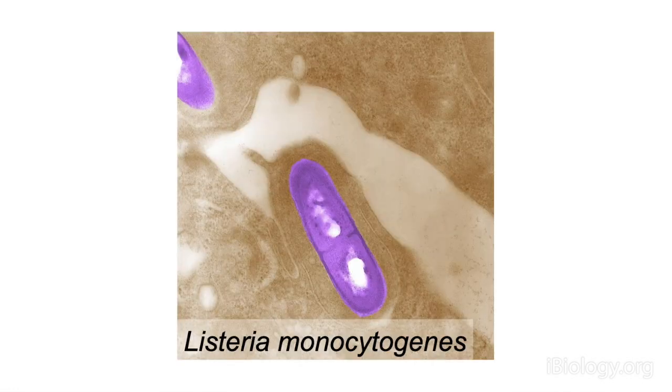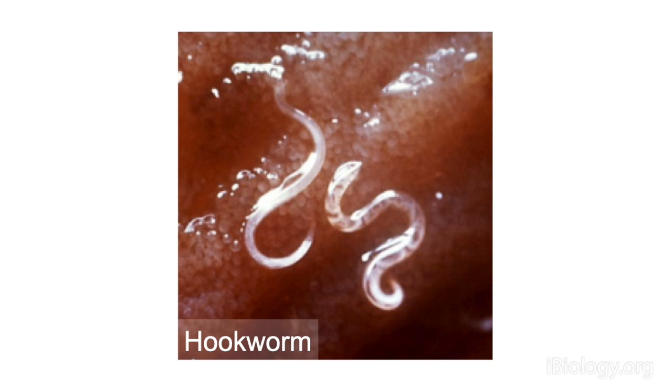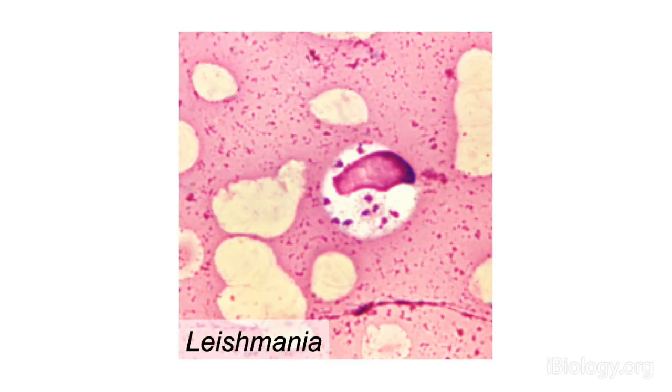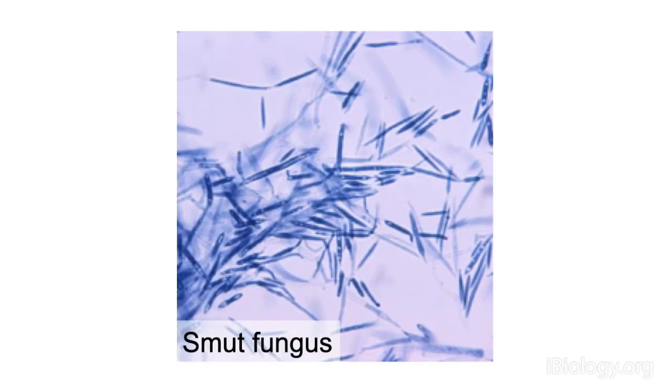A well-known example is Listeria monocytogenes, which can cause illness in humans who ingest food that's contaminated by it.